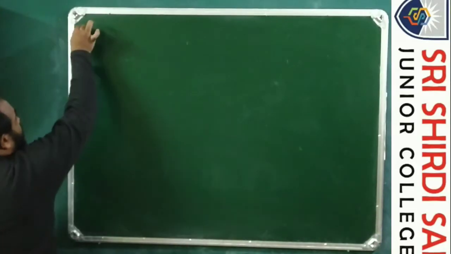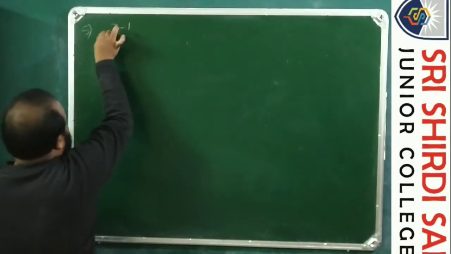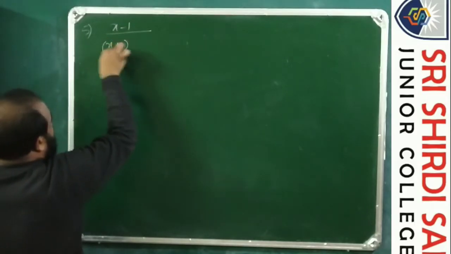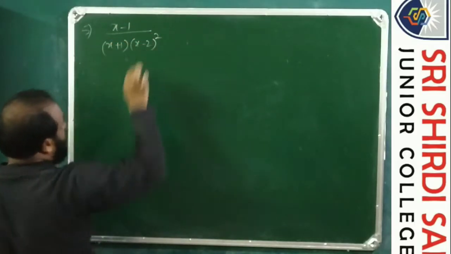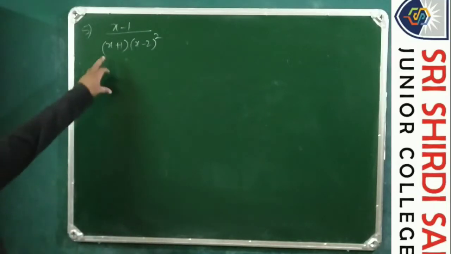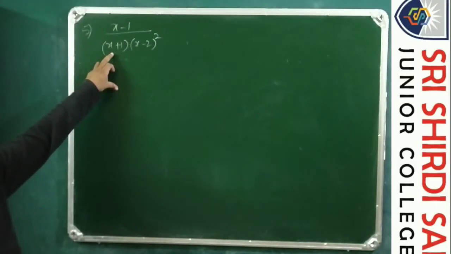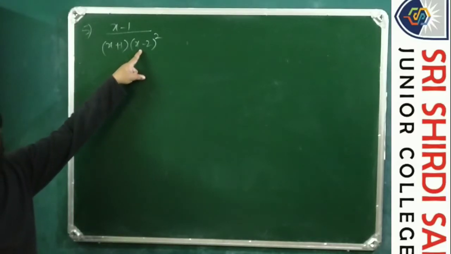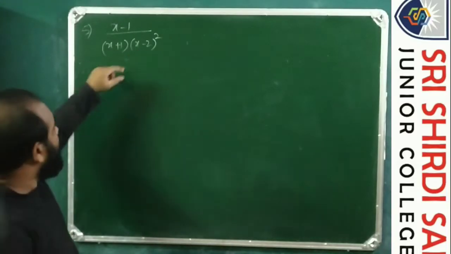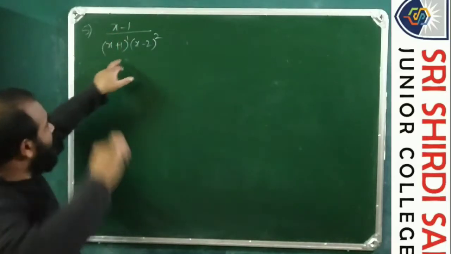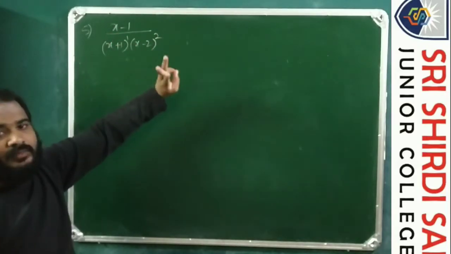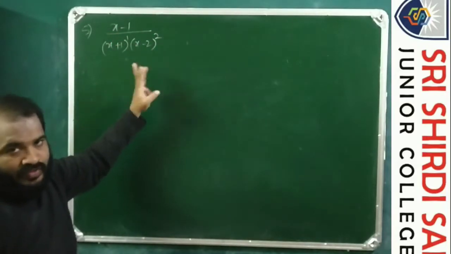The next question is x minus 1 over x plus 1, x minus 2 whole square. So the denominator contains non-repeated linear factor and repeated linear factor repeated twice. So this is whole power 1, this is whole power 2, 1 plus 2, 3 terms we are going to use for this.